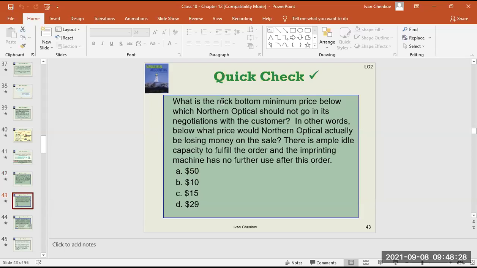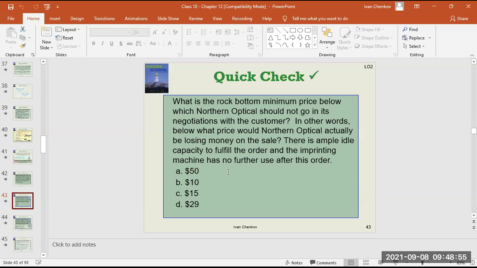Now, what will be the rock bottom minimum price below which this company should not go in these negotiations? In other words, below what price will Norton Optical actually be losing money on the sale? Remember, there's ample idle capacity, so we don't have to stop our normal sales.